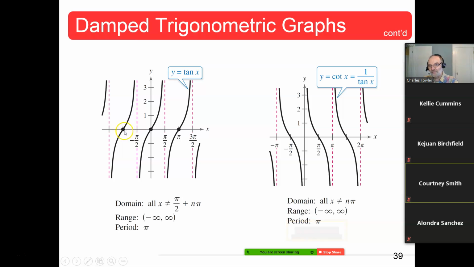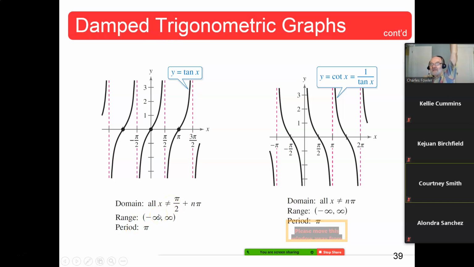So those are the full pi's, minus pi, 0, plus pi, 2 pi, 3 pi, 4 pi, a 0 at every one, and then it's going from there. Remember, everything in the first quadrant is positive, so tangent is increasing here, so it had to be increasing here too. Always increasing.